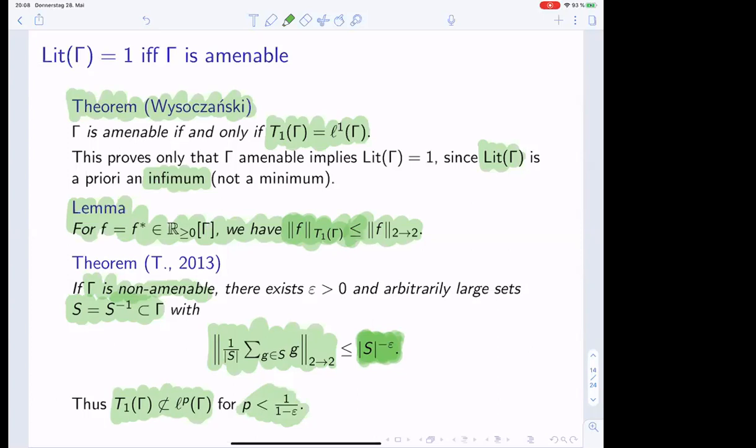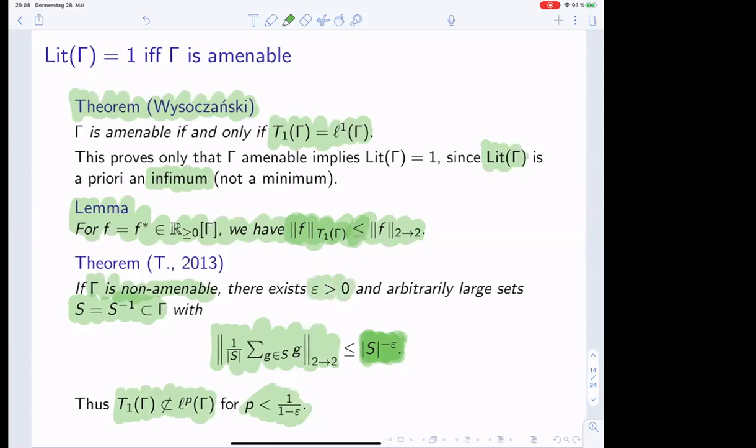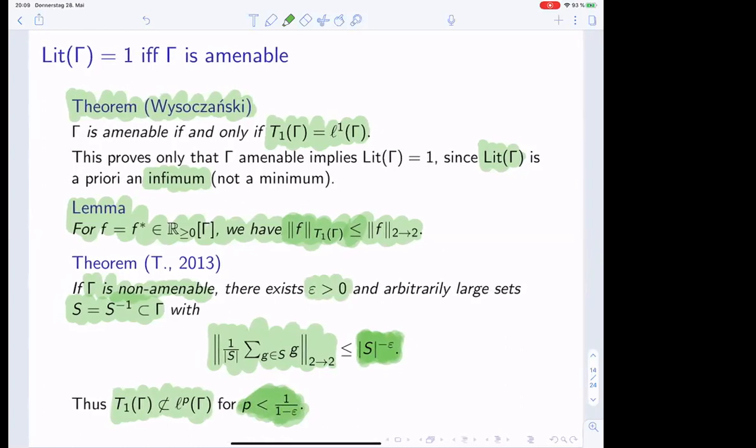I have no explicit control on this epsilon, so I also have no control on the p here. But it at least means that if the group is non-amenable, it cannot be that T1 is contained in LP for all p's bigger than 1, right? There will be some gap. And that's exactly what we need in order to prove that the Littlewood exponent can only be 1 if the group is really amenable.